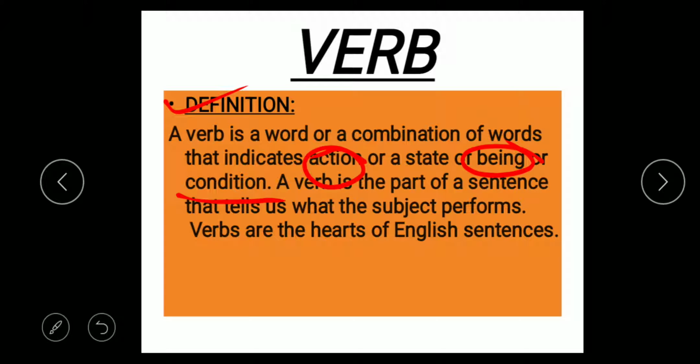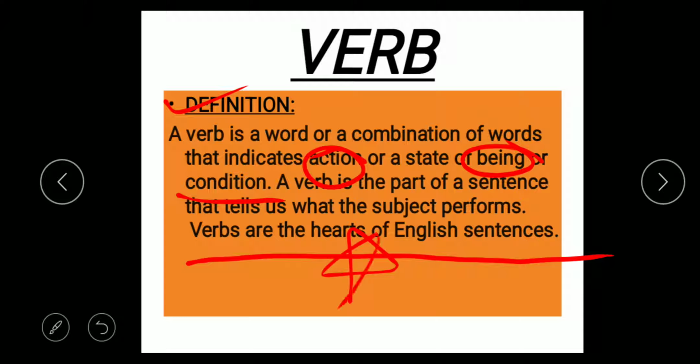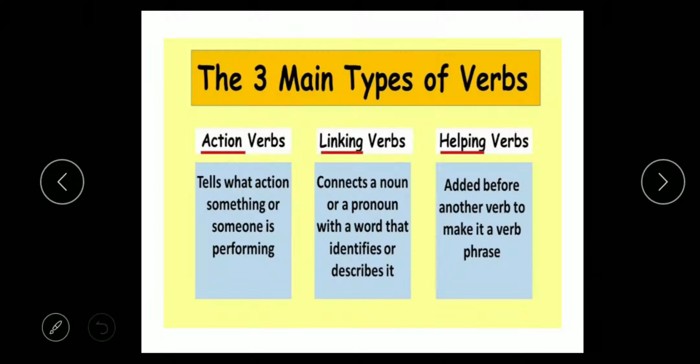A verb is the part of a sentence that tells us what the subject actually performs. And very importantly, verbs are the hearts of English sentences. As we all know, verbs are a very important part of our sentences in English.